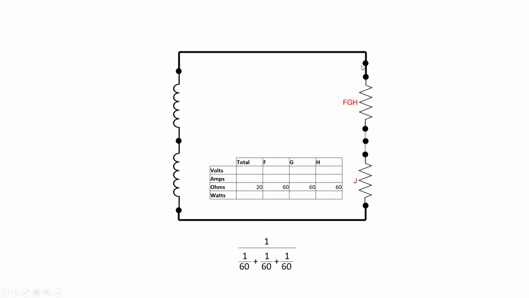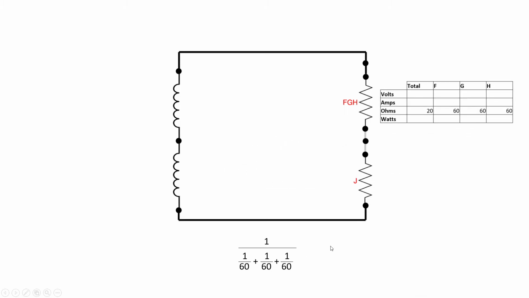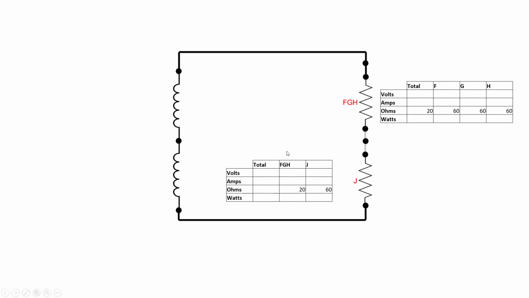So let's bring the rest of the circuit back in. So if we assume this now is one load from a resistance point of view, we can now see we basically have a simple series circuit here at this point. So let's get this guy out of our way. And now we're going to start a new chart for just this series circuit now, right?